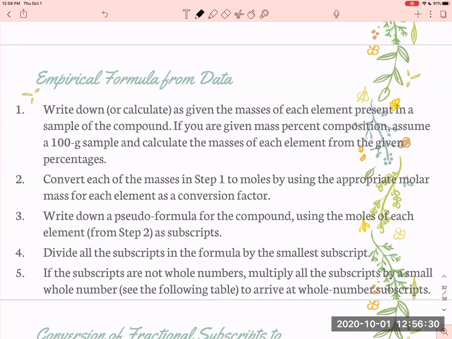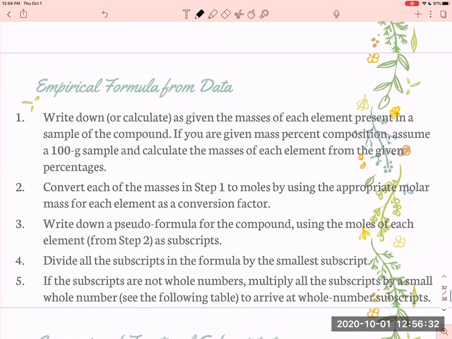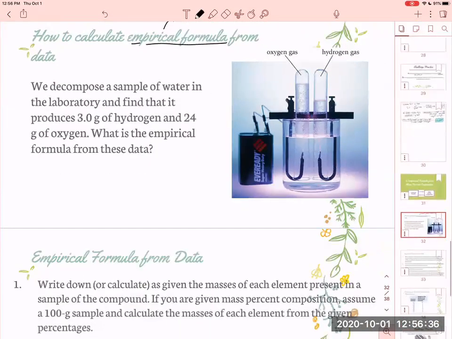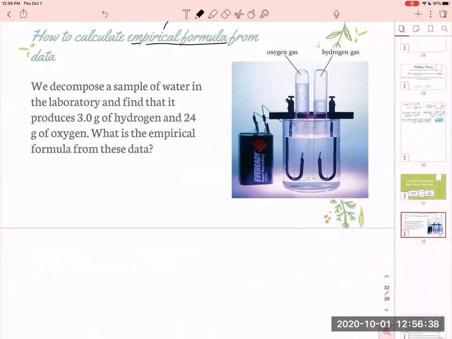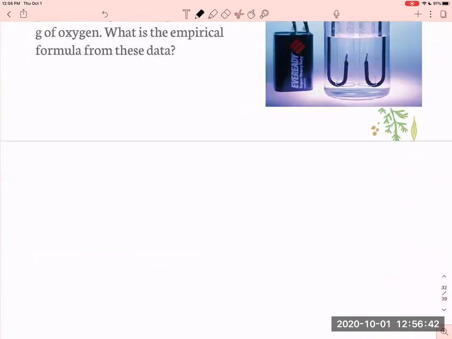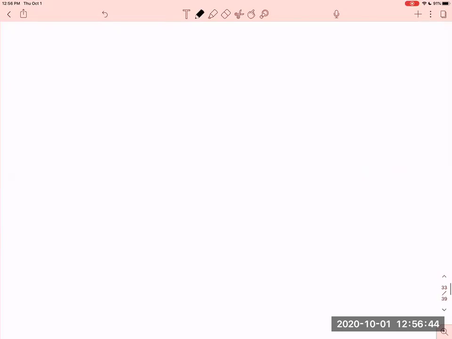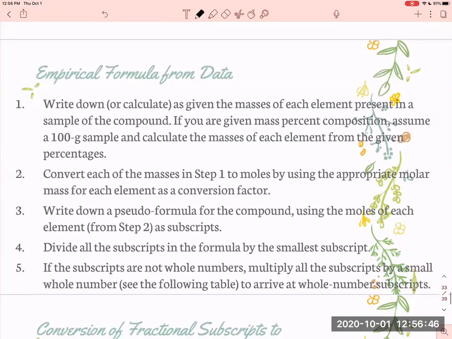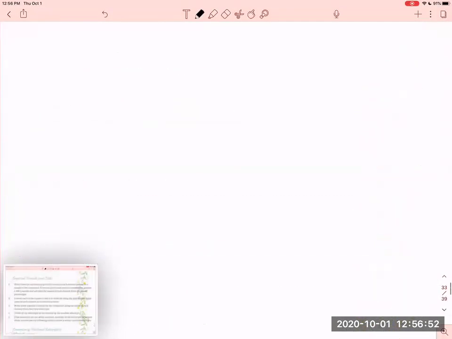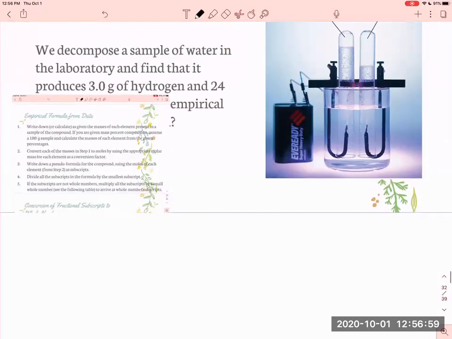I'm going to follow these steps to solve this problem and show you how we can do so. I'm going to go back and forth between the steps and the problem. And let's move the steps into here.